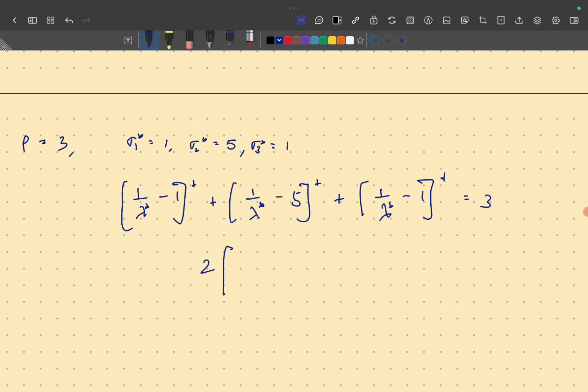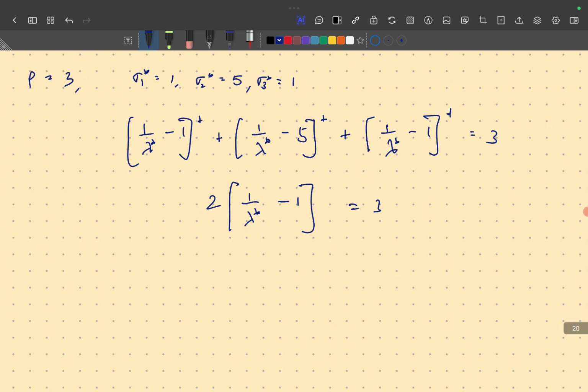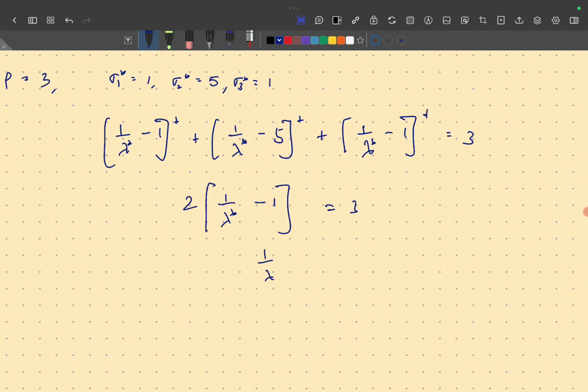So essentially you get 2 times 1 by lambda star minus 1 plus, which is this 1 by lambda star, should be equal to 3. Right? Or 1 by lambda star is 1 plus 3 by 2, which is 2.5. All right?